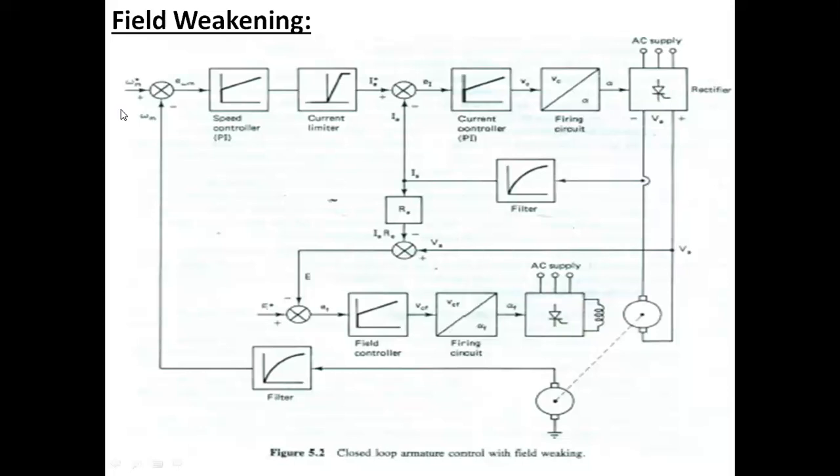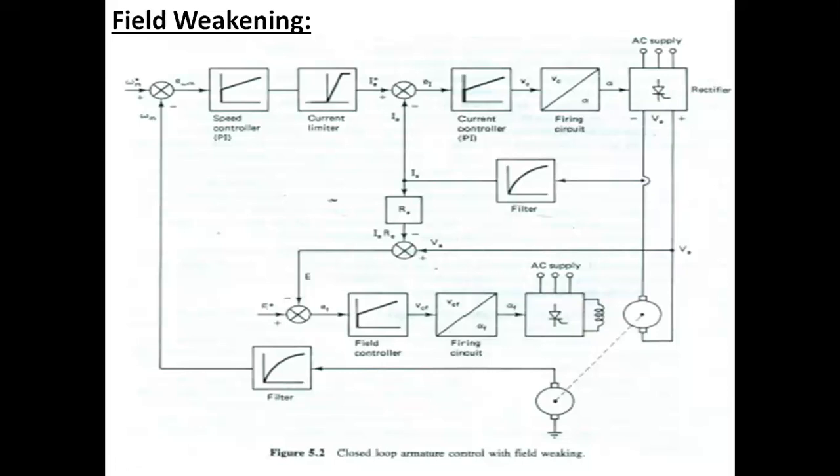So now the field current is controlled by the controlled rectifier. If you go into the operation of this field control loop, it has the back EMF E equal to VA minus IARA.